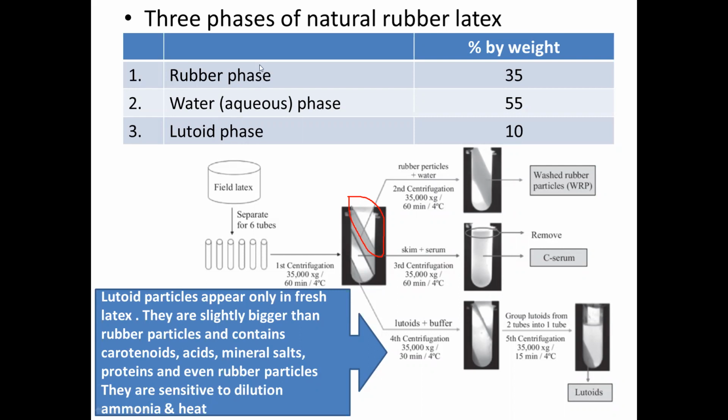This is how you say a rubber particle or rubber phase always has bonded proteins and bonded lipids. This is how the scientists found that there are bonded proteins and bonded lipids on the latex particles.